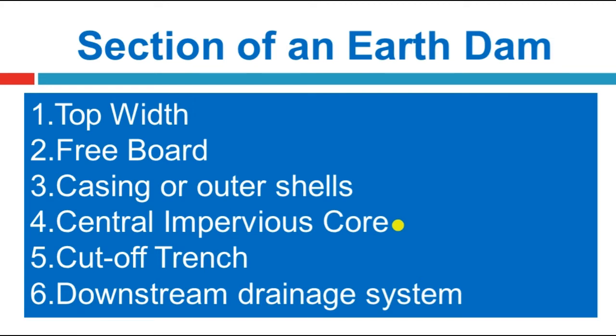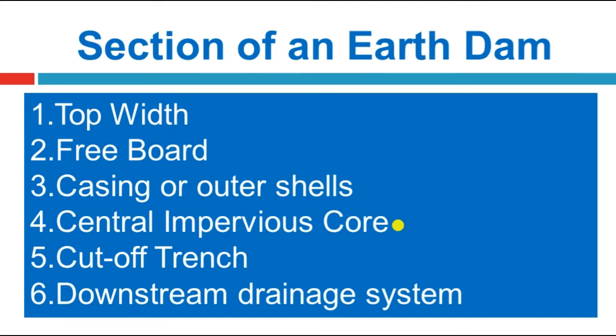Now, selection of an earthen dam. How can we select the earthen dam? The main factors are the top width, freeboard, casing or outer shell, central impervious core, cutoff trench, and downstream side drainage system.